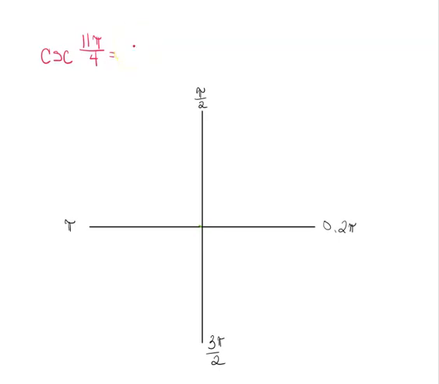Therefore, the cosecant of 11 pi over 4 is the same thing as saying the cosecant of 2 pi plus 3 pi over 4. In other words, I can go around 2 pi times and 3 pi over 4 more times to land in the second quadrant here.